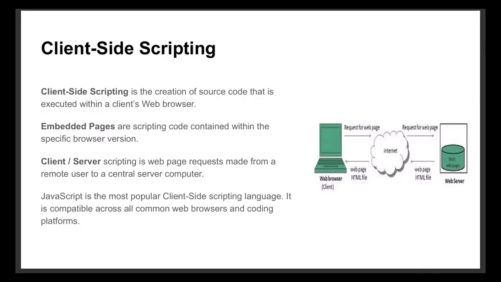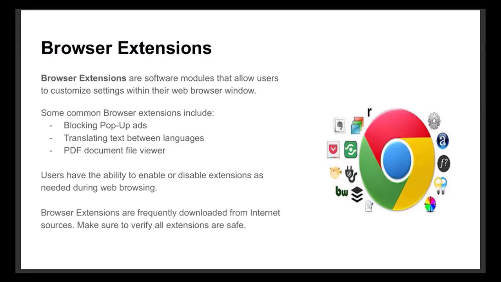The next browser feature we're going to discuss are extensions. Browser extensions are software modules that allow users to customize specific settings within the browser window. We can use extensions to enable or disable certain types of features within our internet browsers.